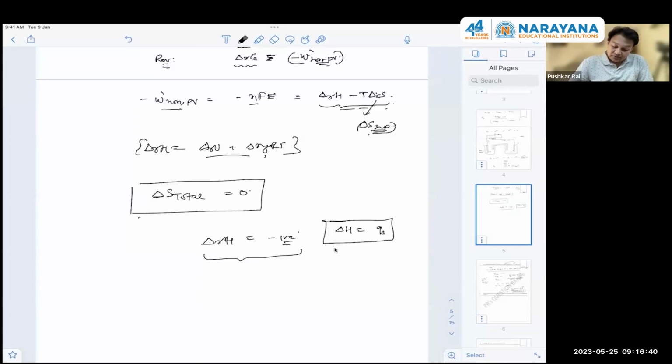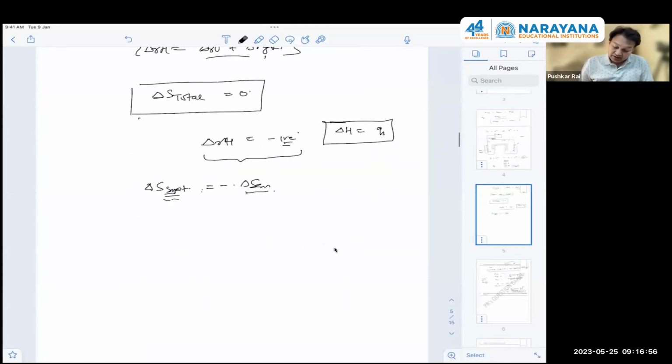But if delta S total is equal to 0, there is some value of delta S system. What about delta S surrounding? But actually, when you are carrying out this process, the system has not lost any kind of heat.